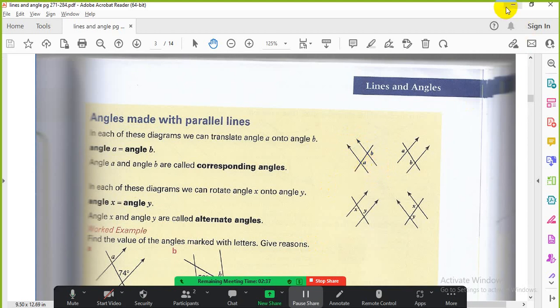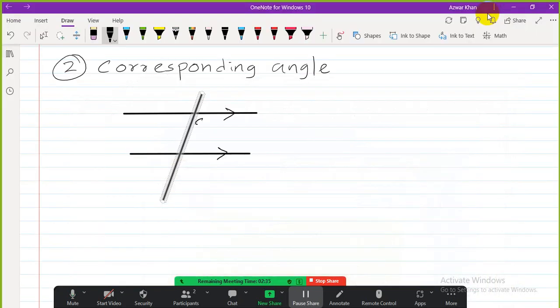See, the letter F is marked. So I can say A here, so B always comes here, F. So you can see the shape F. Corresponding angle. So angle A, this is the symbolic representation or the notation we use for angle, is equal to angle B.